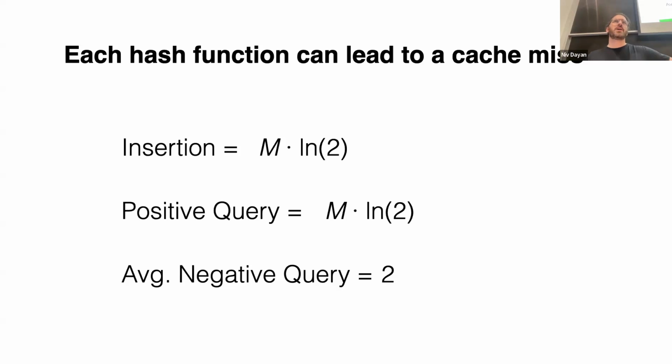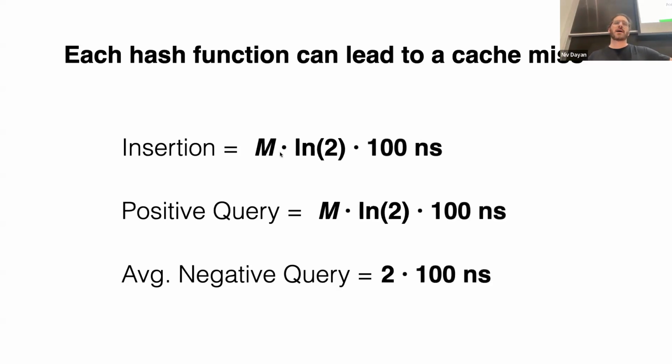Exactly right. So each one of these hash functions can end up leading to a cache miss. And what did we say about the latency of a cache miss? Let's simplify and just say 100 nanoseconds. Not that cheap.